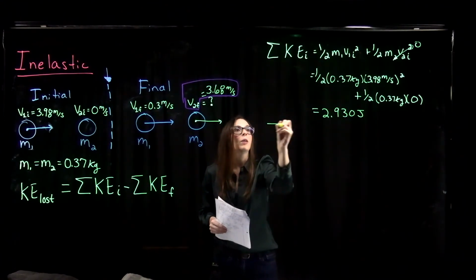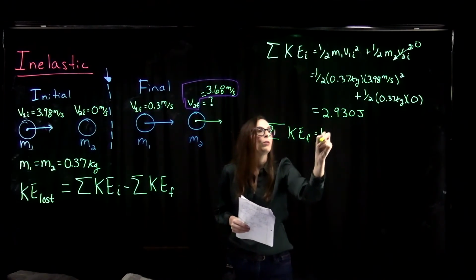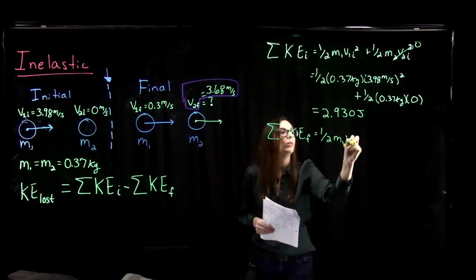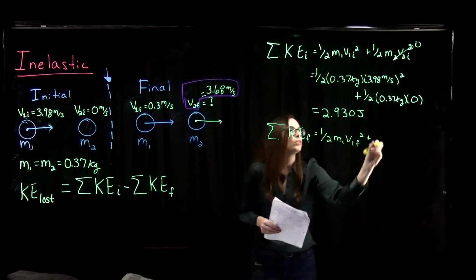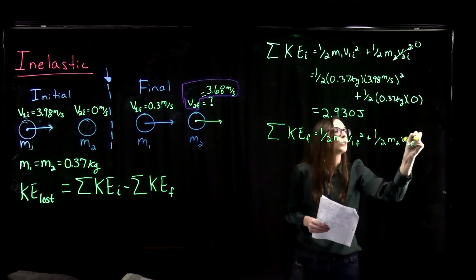Now let's do the sum of my final kinetic energy. So that will equal 1/2 M1 V1 final squared plus 1/2 M2 V2 final squared.